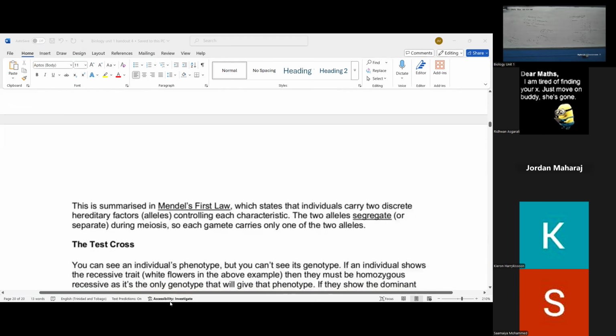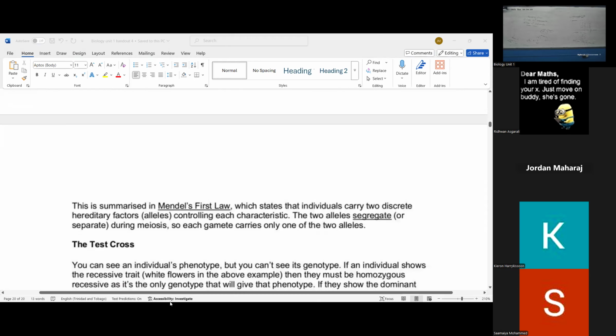The second law is your law of independent assortment, and again, you should be familiar with this. It's the same thing from meiosis. So when we're talking about independent assortment, we're talking about the recombinants. How it does this is not affected by other factors.